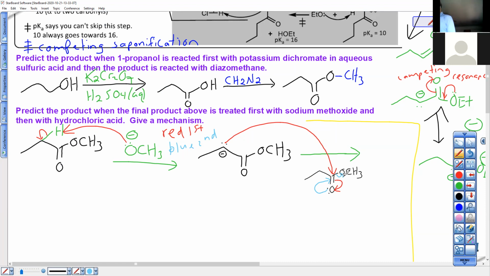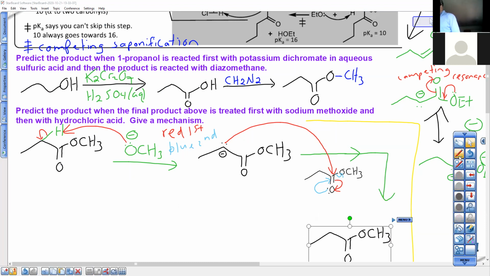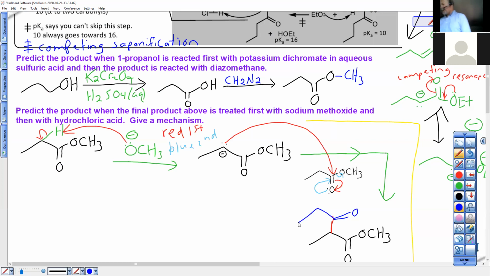And you make what looks like the Claisen product. We got this. Here we go. Got our new bond right here. And go blue here. Three carbons.